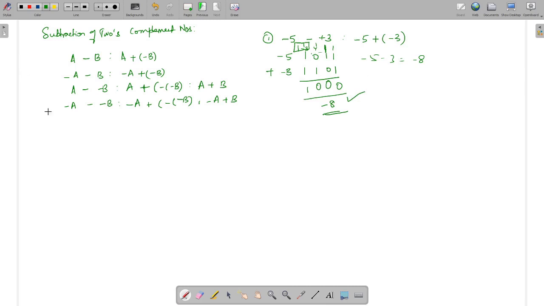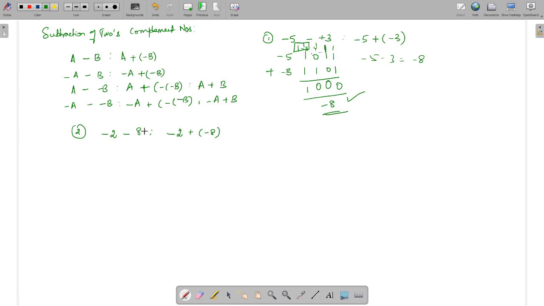Let's try with some other example. Maybe I'll take another number, minus 2 minus 8. So what we are trying to do here is subtract 8 from minus 2. It is a plus of minus 8.